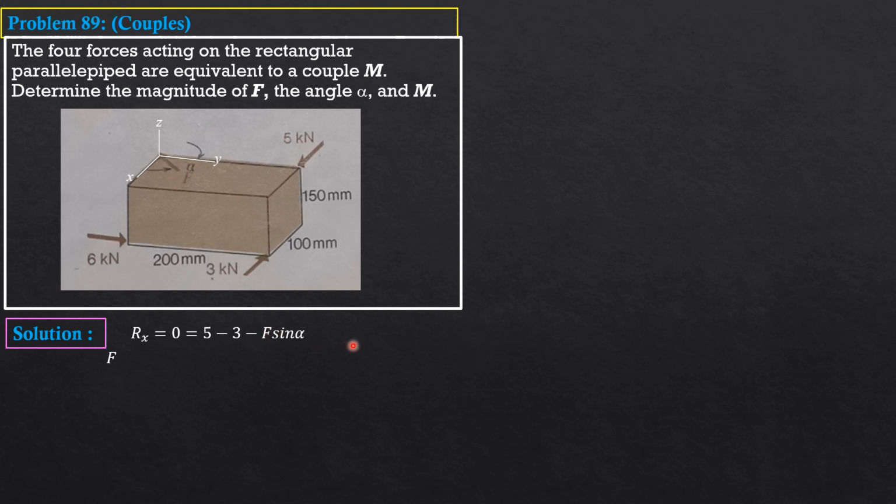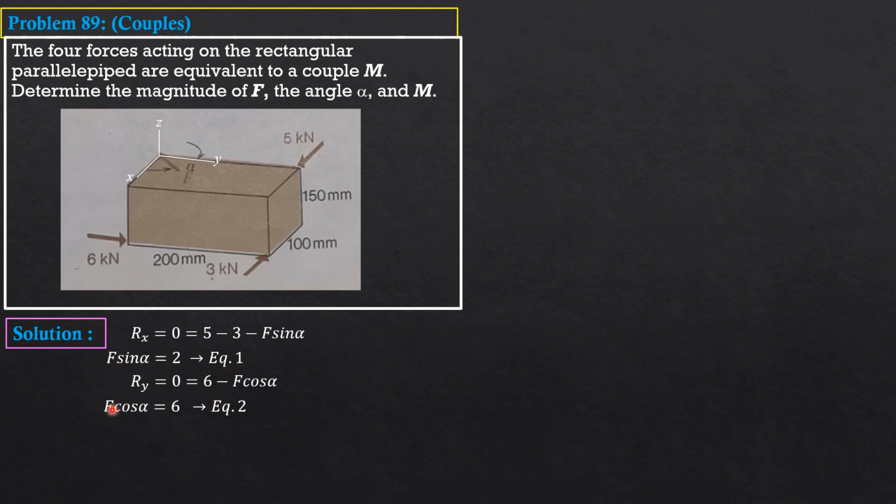So F sine alpha equals 2, call that equation 1. Then Ry equals 0, and it is equal to 6 minus the y component of F, which is F cosine alpha. F cosine alpha therefore is equal to 6. So that's equation 2. We can now solve for alpha if we divide equation 1 by equation 2.